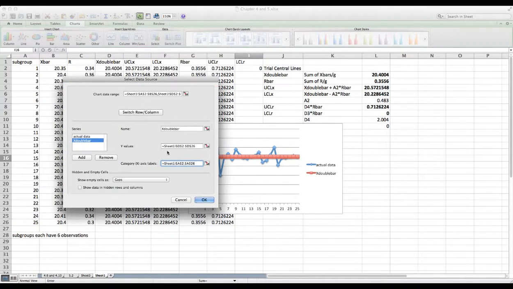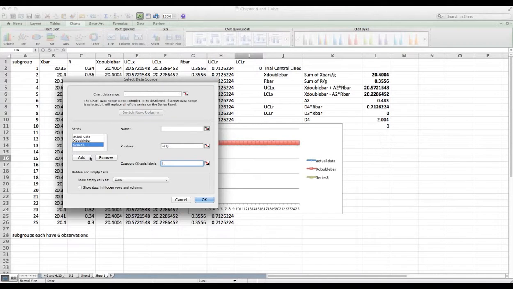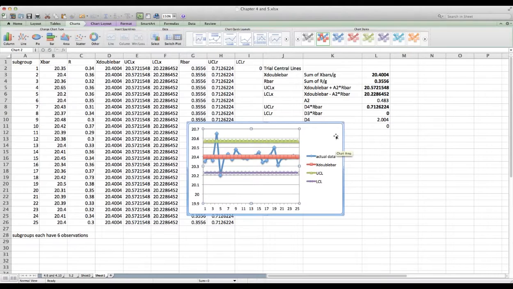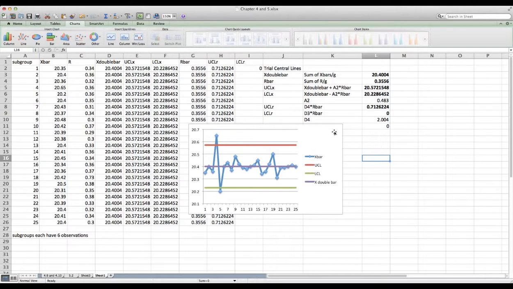We're getting there. And so on for the control limits. Aha! So here is my trial control chart for the X bar chart. Done. With a little bit of formatting, I want to take all of these points off and just make them simple lines.